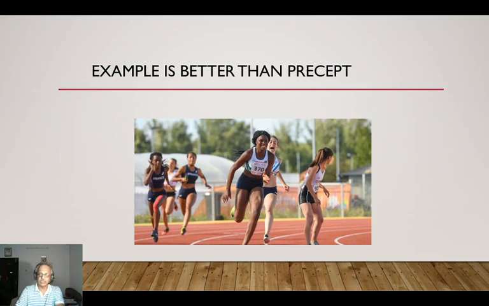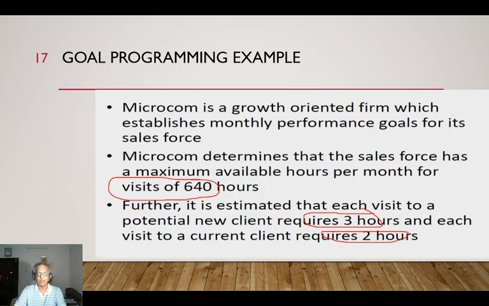So example is better than precept. Let us take one example. Now we'll solve it graphically and see how it goes. Maitra is an American company, a growth oriented firm. It has a sales force, and the available hours per month for the visits of the salesmen is 640.